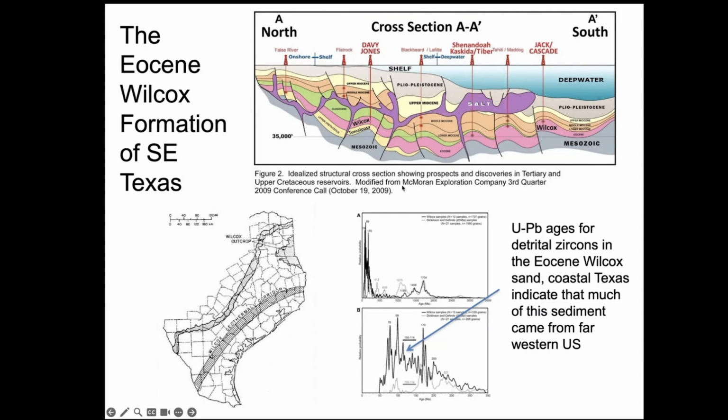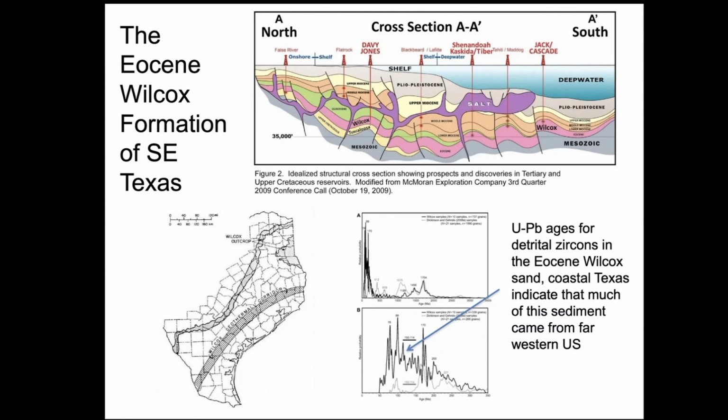Why do we think the Wilcox was coming from the Nevadaplano? Well, it's because of the uranium-lead ages for detrital zircons in it, which have been studied, and we see a tremendous number of ones 78, 90, 170 million years. These ages are unknown from this part of the world, from Texas, Arkansas, Oklahoma.